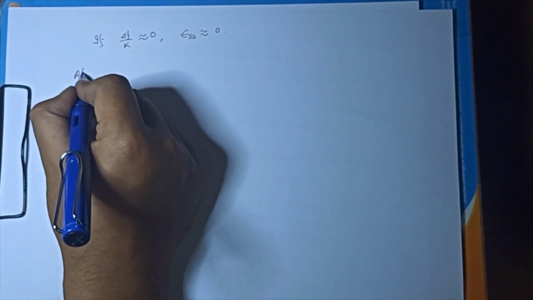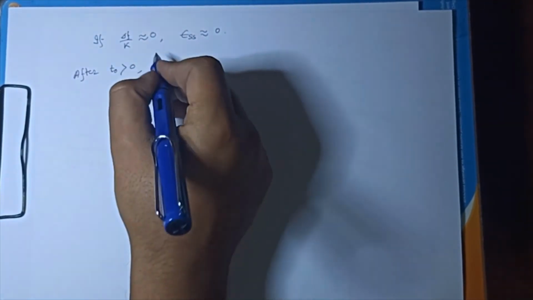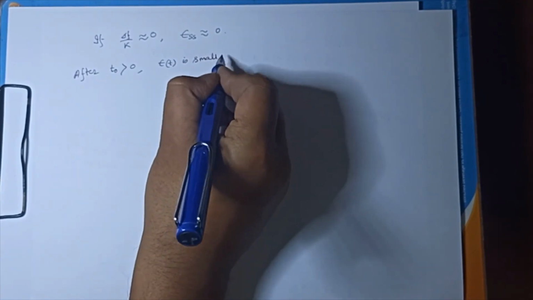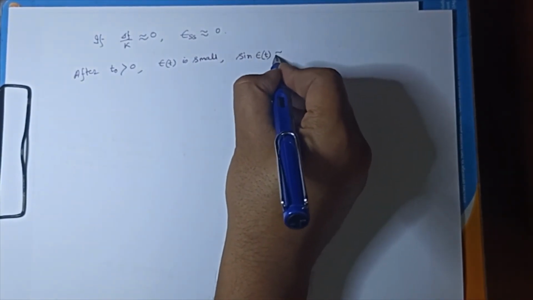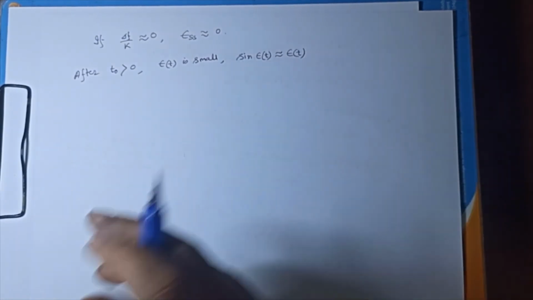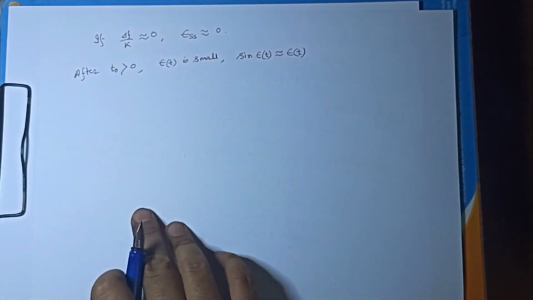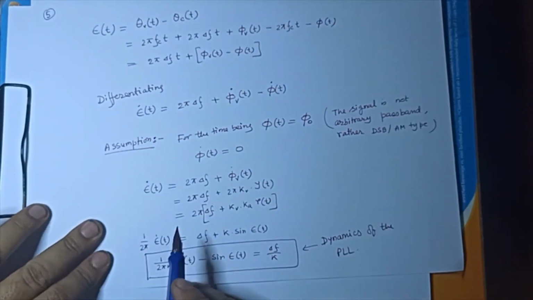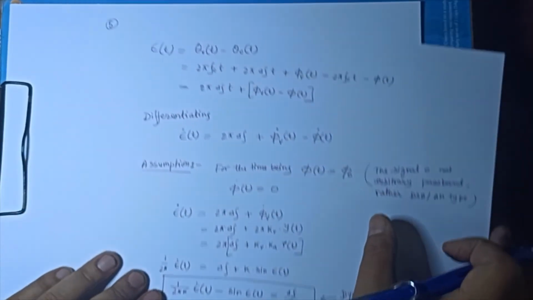Say after some time t0, epsilon t is small. If so, then the nonlinear term sine epsilon t will become close to epsilon t. Then I can take the differential equation and solve it easily. So my corresponding differential equation will be, from here, 1 by 2 pi K epsilon dot t.